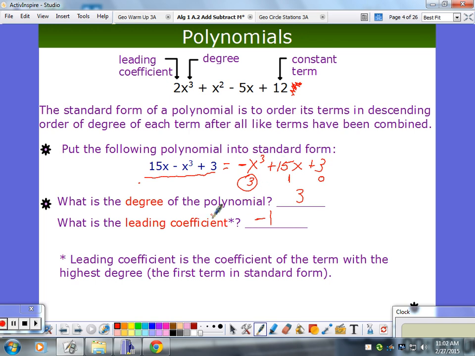How do you do standard form for like 5 or 6 numbers? Same thing, descending degree order. And what do you mean by 5 or 6 numbers? Give me an example. Negative 15x minus x squared plus y cubed minus 5.